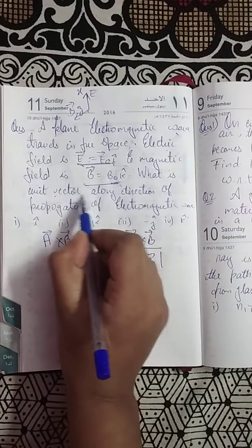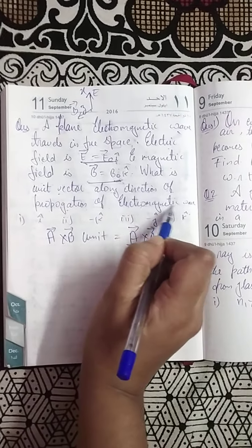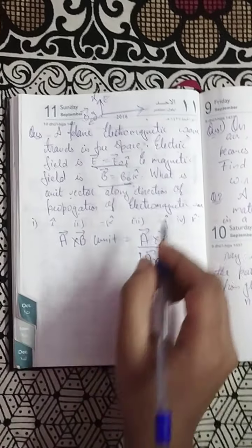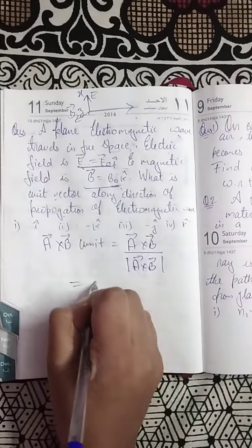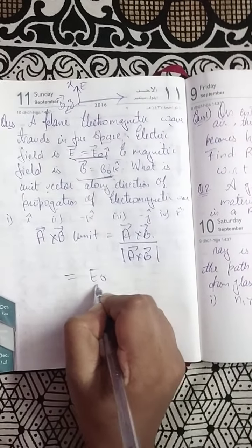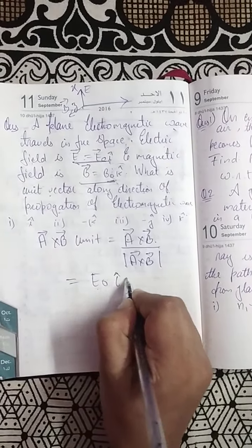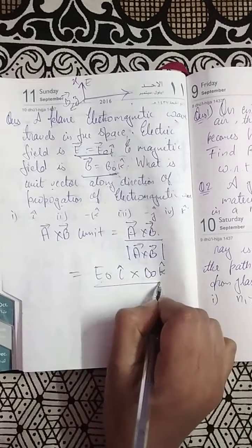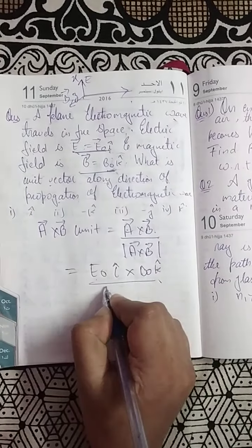What is the unit vector along the direction of propagation of the wave? Direction of propagation is what they want to know. So this is the formula. A cross B means E naught I cap cross B naught K cap, divided by the magnitude of A cross B. What is A cross B?